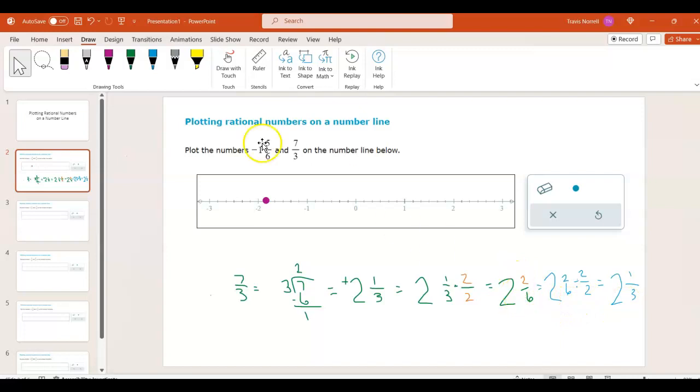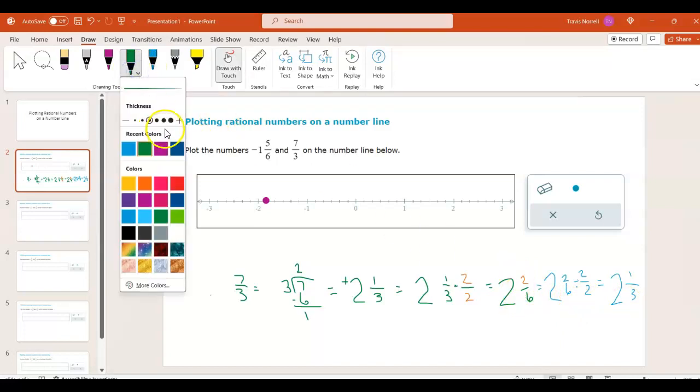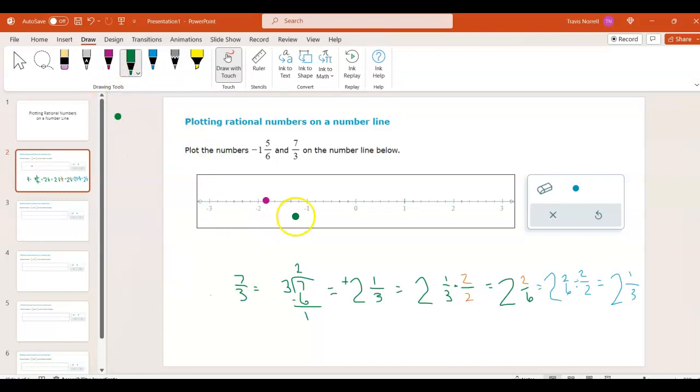So now that we have 2 2/6, let's go back to our original color here. Let's go positive 2 wholes, then 2 of the 6 values: 1, 2.